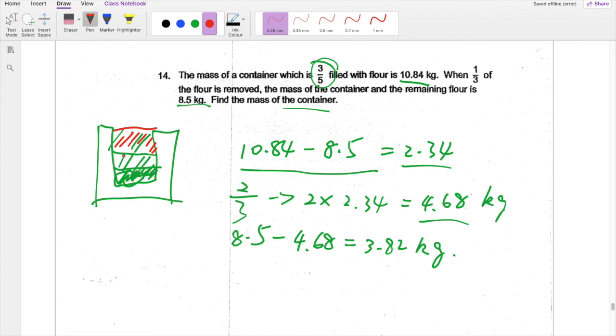Then if we know this flour, we can calculate the 2/5 of the container, right? Then we can calculate the whole weight, right? So that one is one step further. We need to be clear what we can do, right? But currently this question is more straightforward and easy to do.